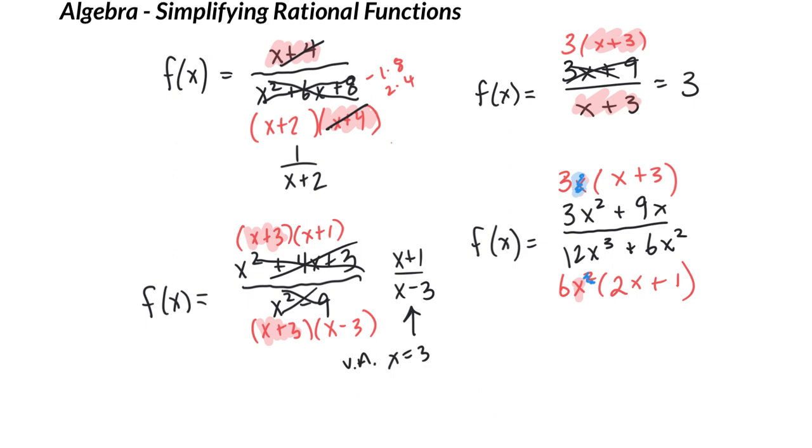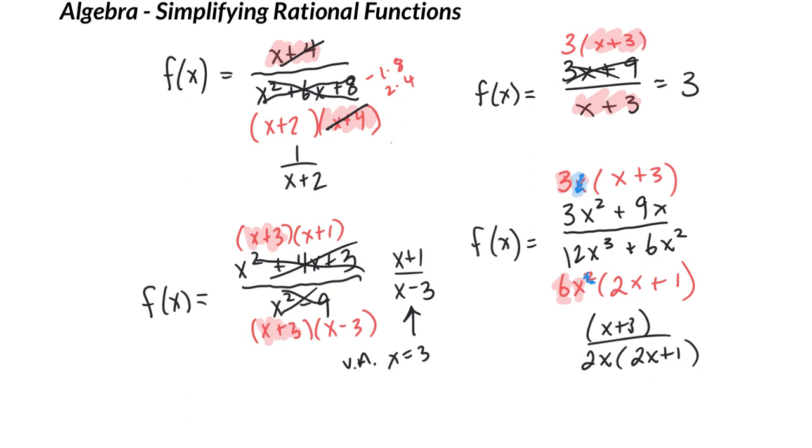But then also, I have 3 and 6, which I could reduce to 1/2. So on the top, I would just be left with an x plus 3. And on the bottom, I would be left with a 2x and then 2x plus 1, like that.